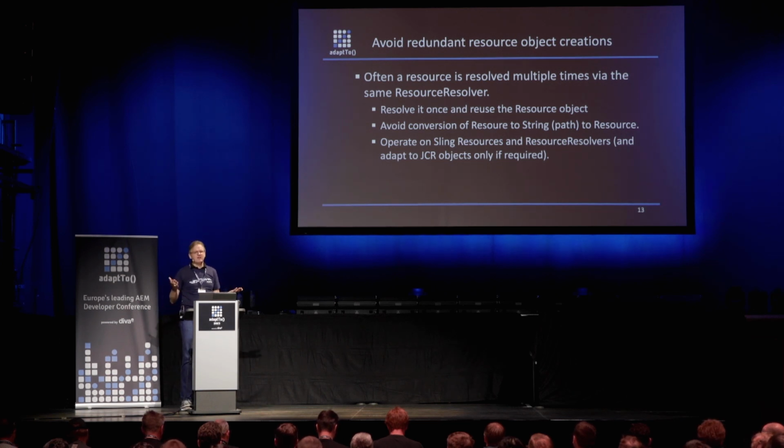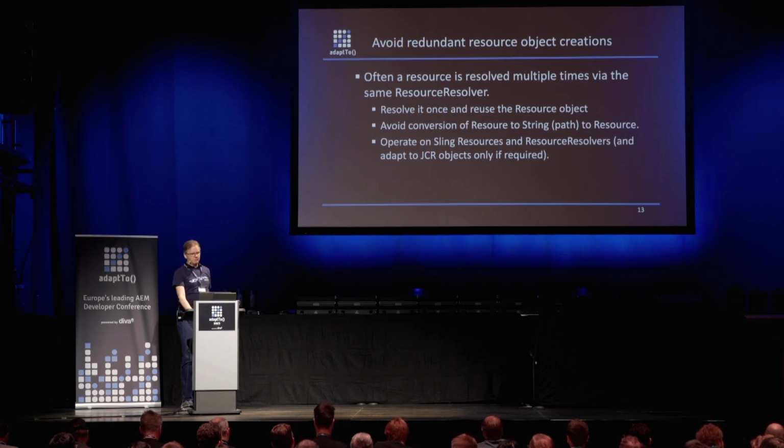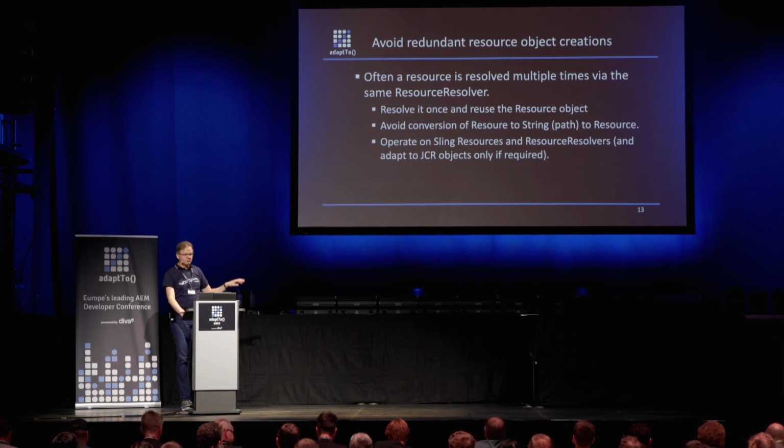And of course, saving 5 repository accesses is maybe 100 nanoseconds, you don't feel that. But at scale, if it's in an inner loop that is executed 100 times during page rendering, it can get significant. That means resource to string to resource is a bad pattern. Instead, operate on resources and resource resolvers and avoid JCR completely.